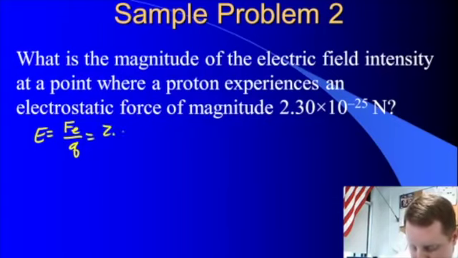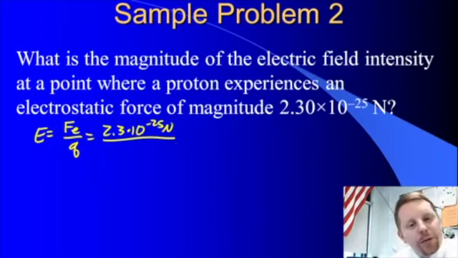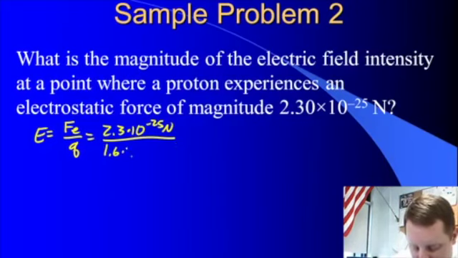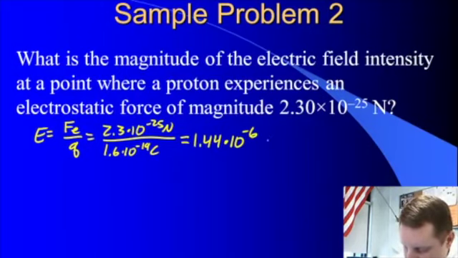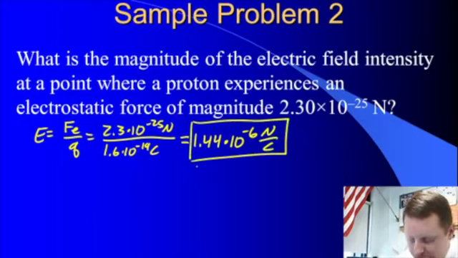In this case, that's 2.3 times 10 to the minus 25 newtons over the charge on a proton, 1.6 times 10 to the minus 19 coulombs, the elementary charge. Go through that math, and I come out with about 1.44 times 10 to the negative 6 newtons per coulomb. So there's my electric field strength, or electric field intensity.